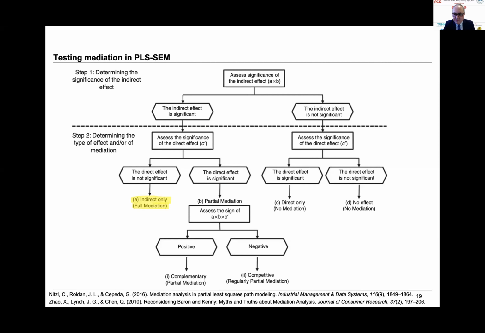VAF equals indirect effect over total effect. And VAF will help determine the portion of the total effect attributable to the indirect effect and can be reported as a percentage value. In fact, the total effect can be decomposed into direct and indirect effects using a pie chart together with percentage values.